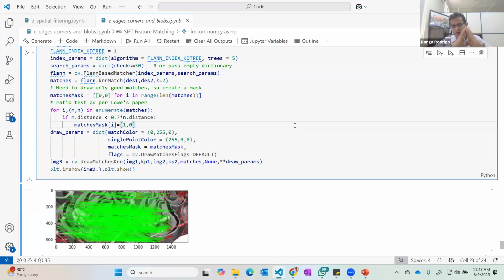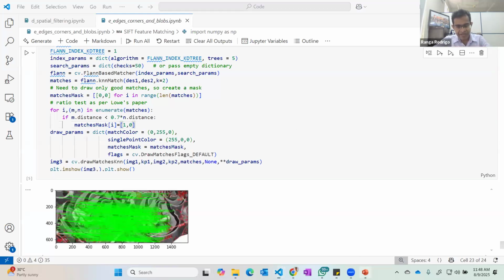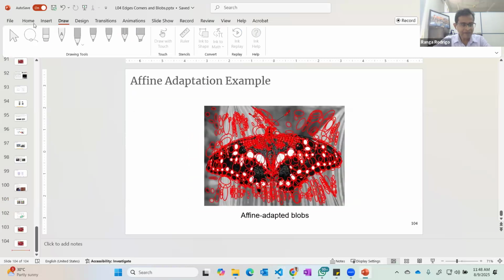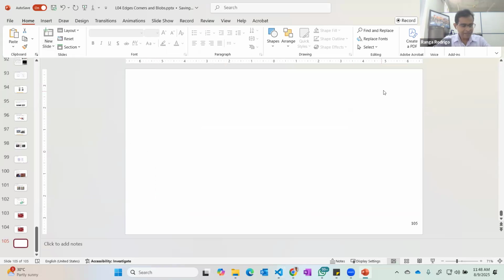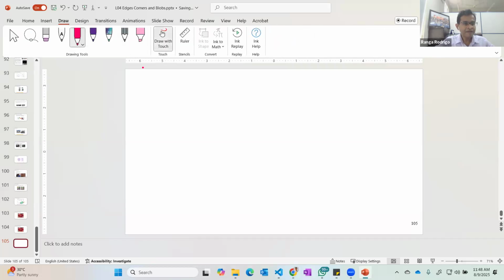Then we understood how to detect corners using the Harris corner algorithm. Let me write that down. We did edges.